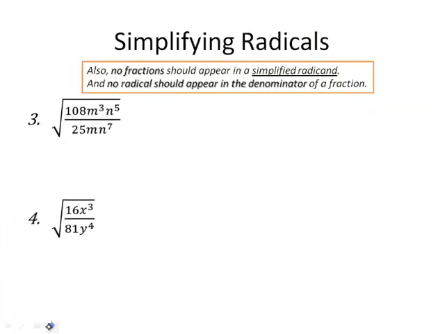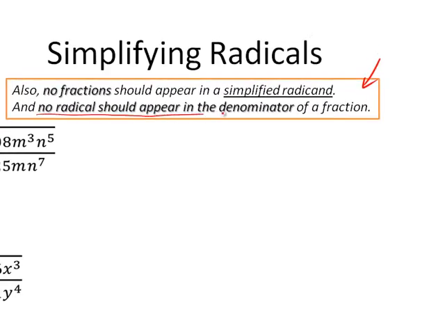Further, we've got fractions. 2 criteria for simplifying fractions is that we don't ever want to leave any fractions within a radical, and we also don't want any radicals in the denominator of a fraction. Very important, you never want to leave the root in the bottom.